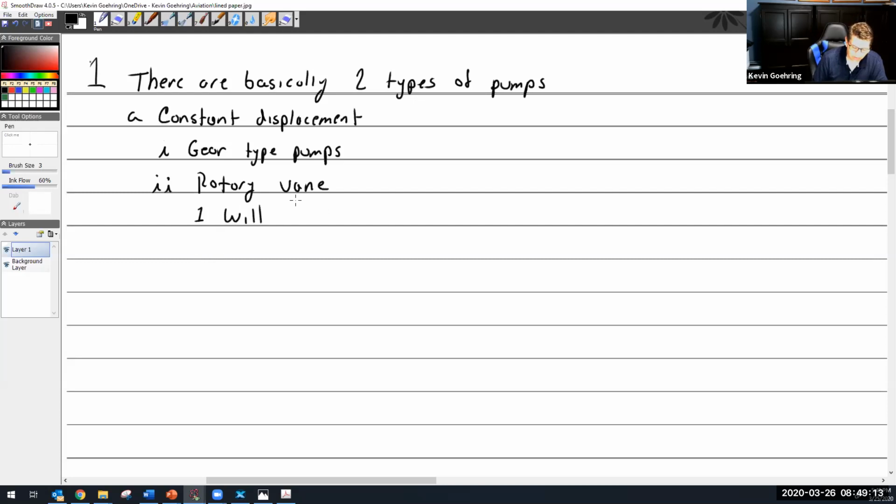So all of them will displace a given amount of liquid for each revolution.